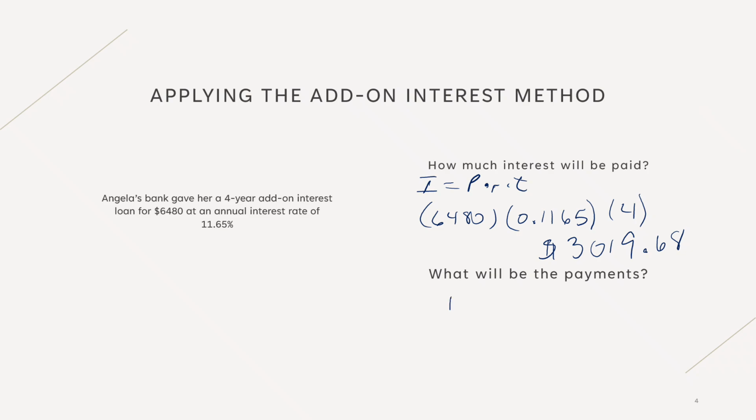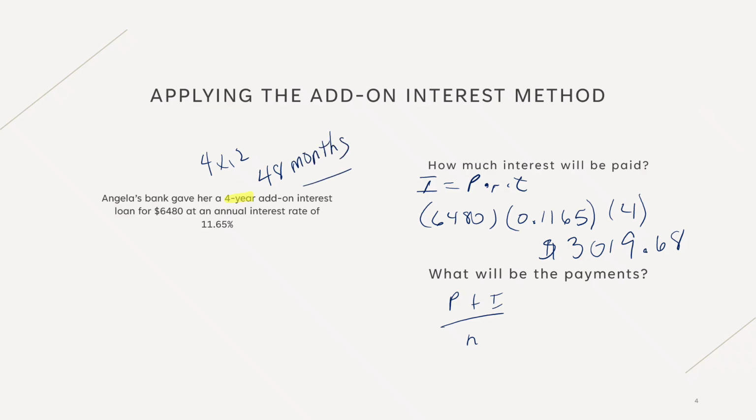So how about the payments? Well, principal plus interest divided by the number of payments. If we are looking at a 4-year loan, then we need to remember that 4 years is going to be 48 monthly payments.